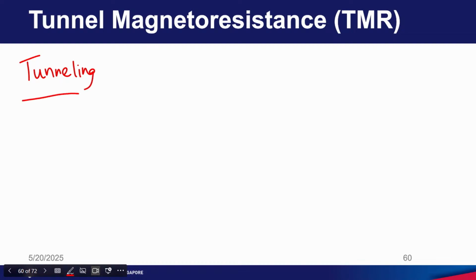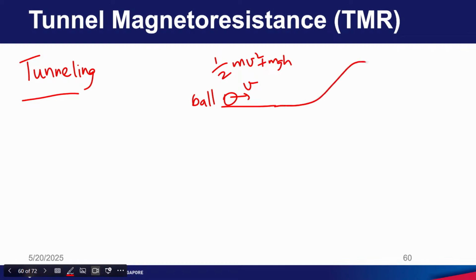Let us say we take a classical ball. This ball is at a certain height and moving with a certain velocity. So, we can say that the energy of this ball is half mv square plus mgh. That is the total energy of this ball, and when it rolls, it finds a certain height.